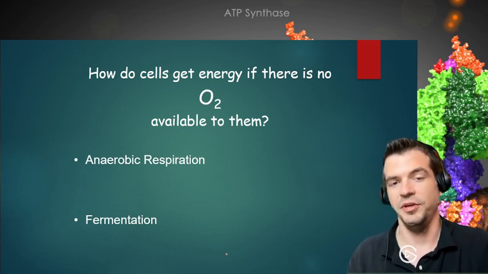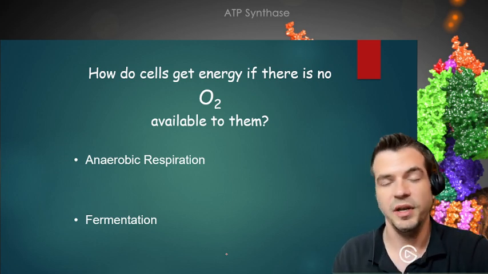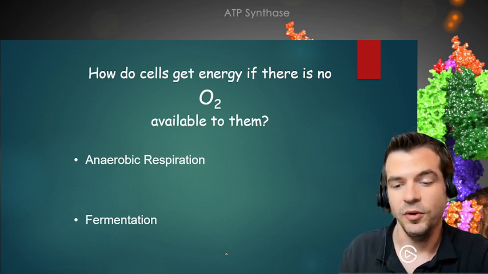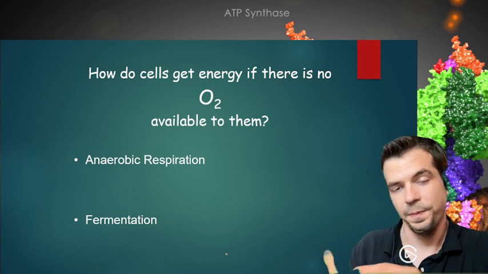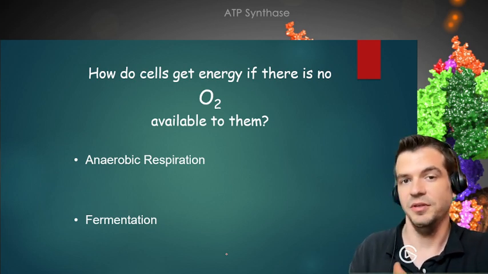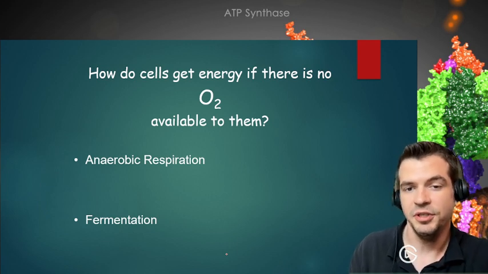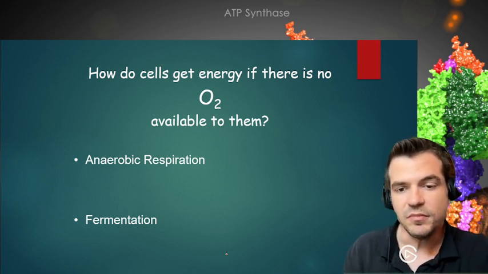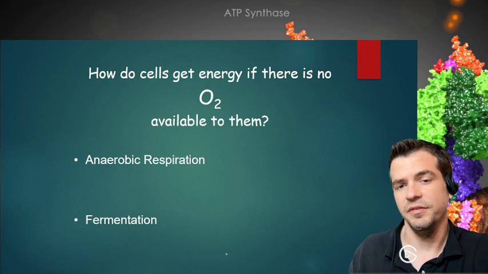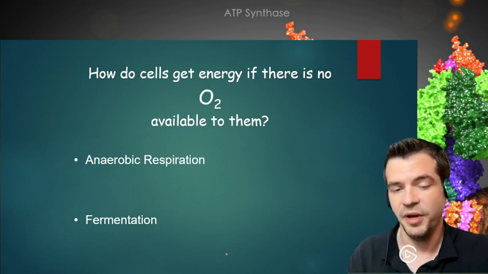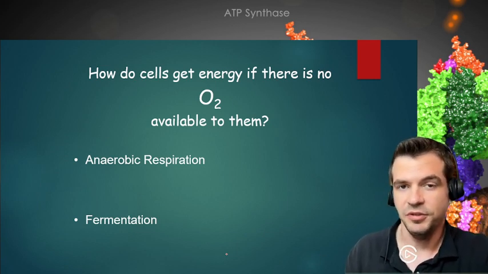Fermentation, on the other hand, is what happens when we can only get into glycolysis because we don't have oxygen available to us. Without oxygen and without the machinery readily available to anaerobically respire, some cells can ferment.